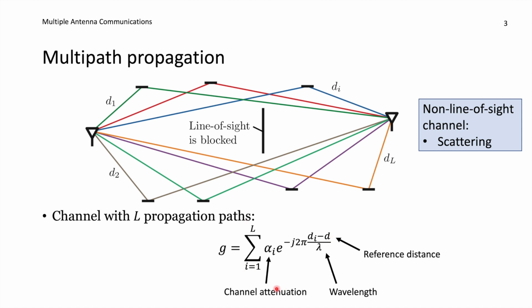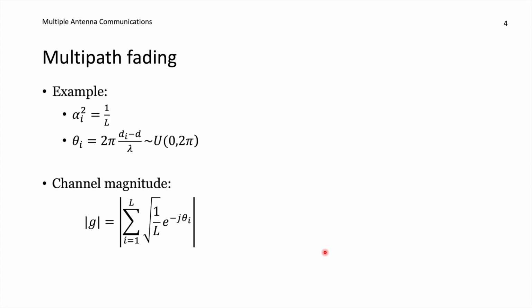So we have these L different paths, and these will be interacting, leading to interesting phenomena that we couldn't see in the line of sight case. As an example, suppose that we have capital L paths and each of them has a normalized attenuation, so alpha i squared is 1 over L. And then 2 pi (di minus d) divided by lambda, we are calling this theta i.